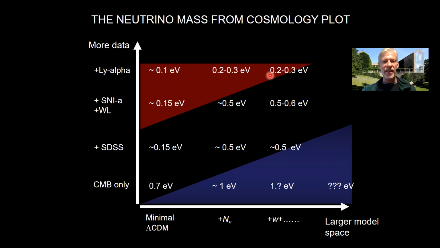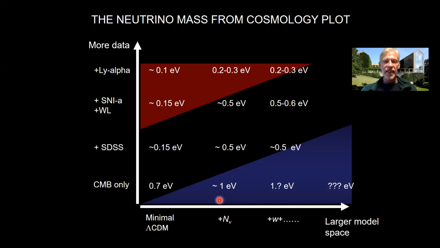Of course, we can think that minimal lambda CDM is a very well defined model, yet we don't know what the dark matter is, and we don't know what the dark energy is. We can assume that it's a cosmological constant. We could add other types of dark energy. We could add other types of light species. We could add to the complexity of the model space.